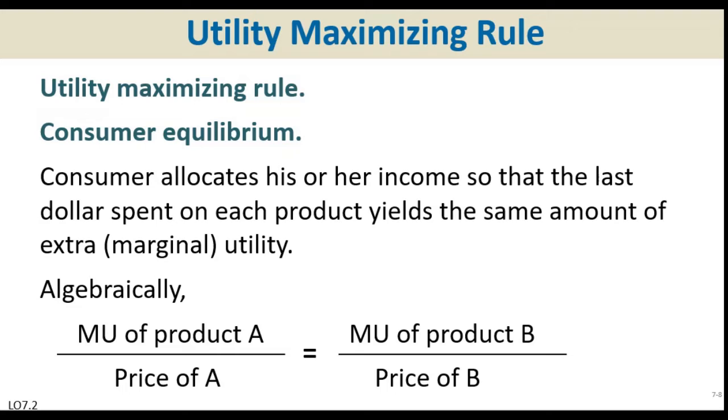To know exactly how much marginal utility you gain by consuming one additional unit, it's preferable to divide that marginal utility by the price of that unit, so you can see the marginal utility per price. We'll come back to this equality, but I want you to pay attention to it, which is the consumer equilibrium.